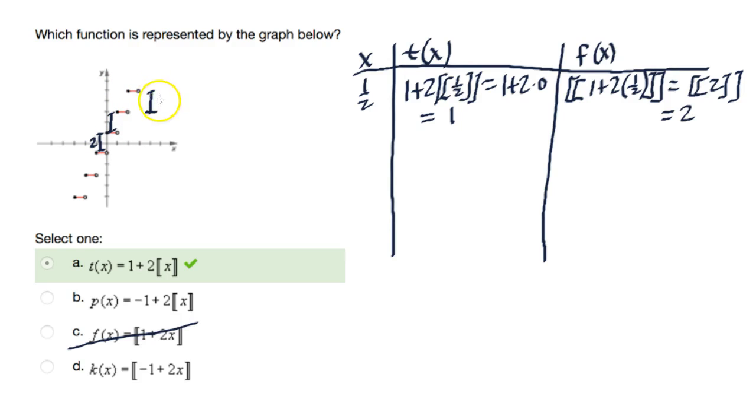So since the difference is always 2, think about how you plug in. If we were to plug in anything between 0 and 1, not including 1, it will always round down to 0 using this function t of x.